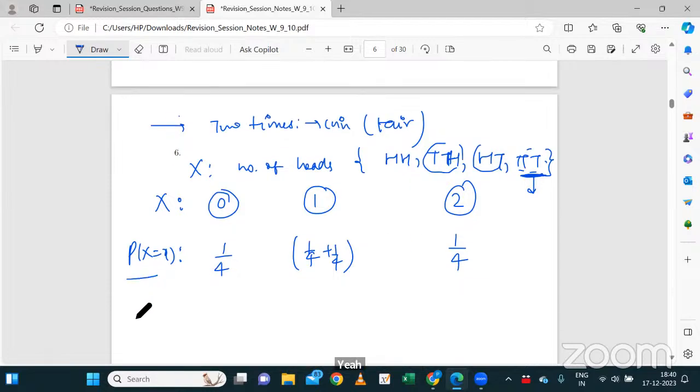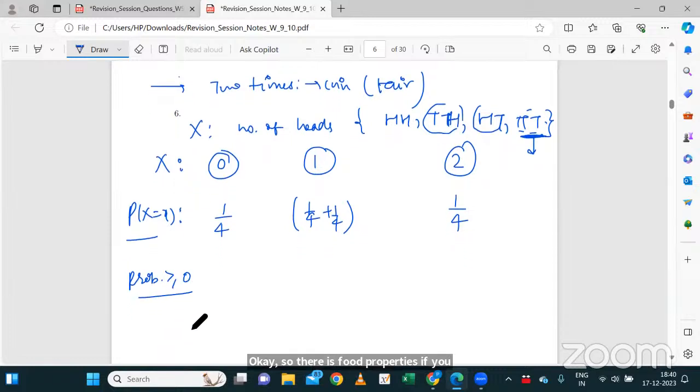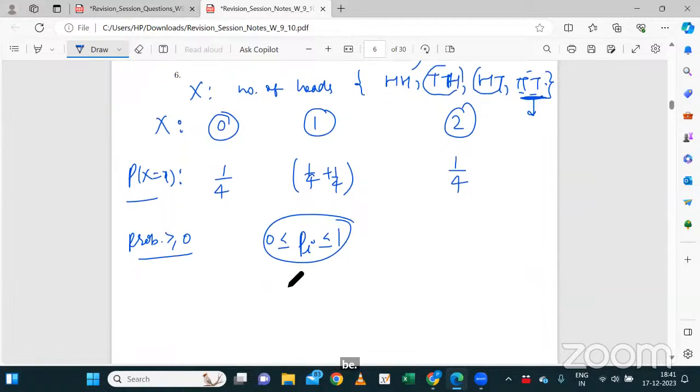Okay, so there are two properties. This is the probability, and we know probability should be greater than or equal to 0, from 0 to 1. It can't exceed 1, and the sum of all the probabilities will be 1.